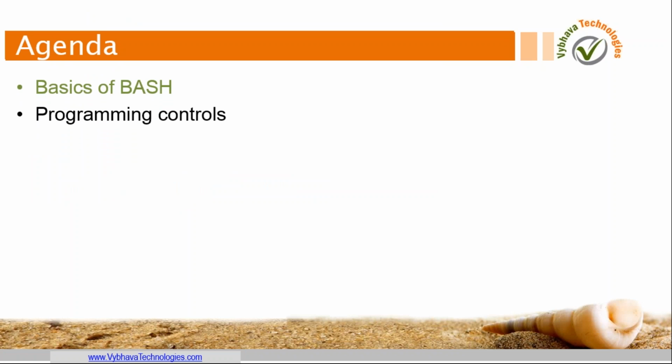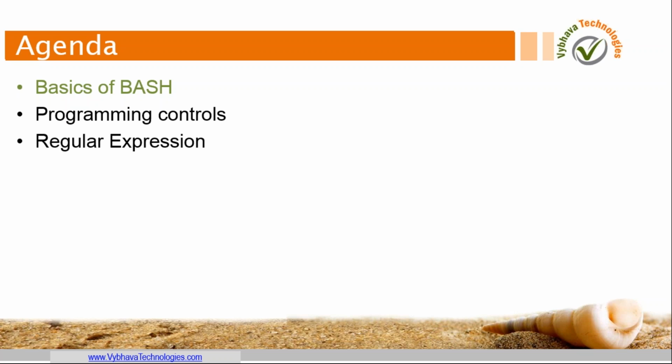Most common things are there in both shells, and you can use them in scripting. But don't panic about why you have so many shells, why you have KSH, bash, etc. Don't worry about that. We just focus on how we are going to do scripting, and that will help us make the automations.